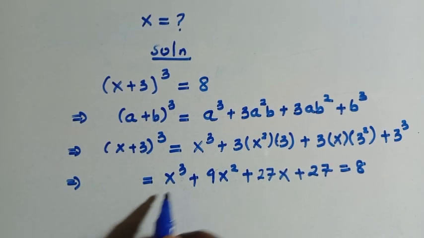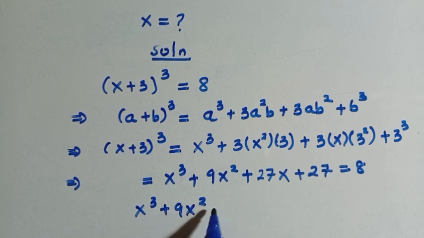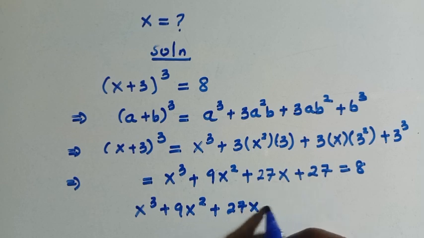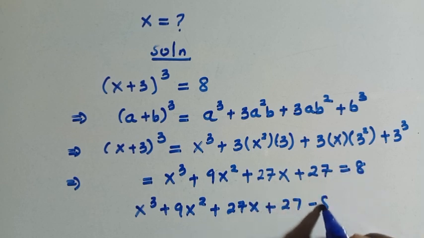So from here, we can write this as x^3 + 9x^2 + 27x + 27. So let's take 8 here. We have minus 8 equals 0.